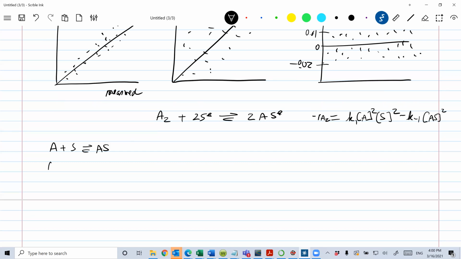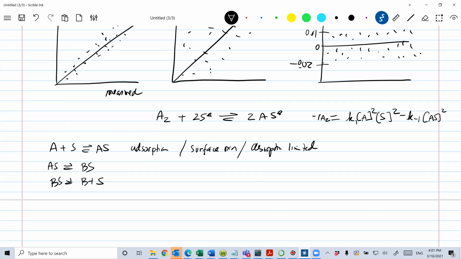Let's say you can take something like this, and then solve it for adsorption limited, surface reaction limited, desorption limited. And then compare the rates. See what they look like, and see what you can make of them. And you can come up with some thoughts.